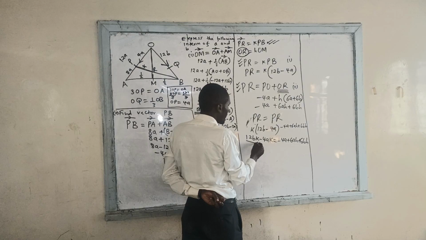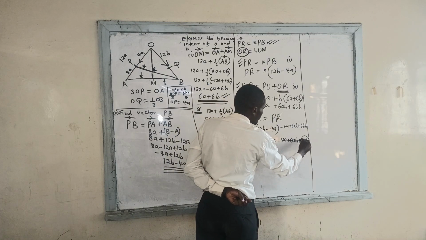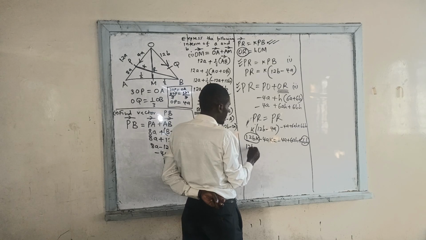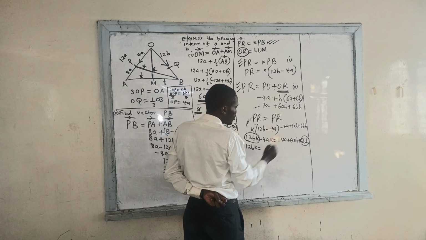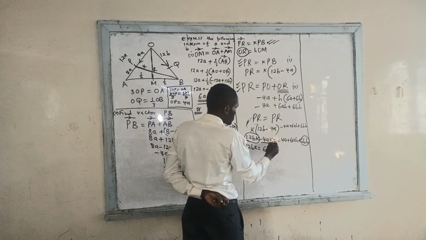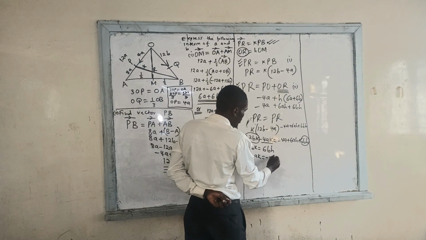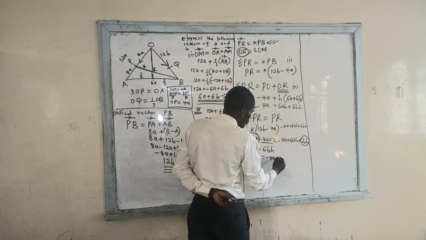Just take the ones that have B and equate them to the ones that have B on this other side. So you'll have 12BK is equal to 6BH. Then pick this: minus 4AK should be equal to minus 4A plus 6AH.